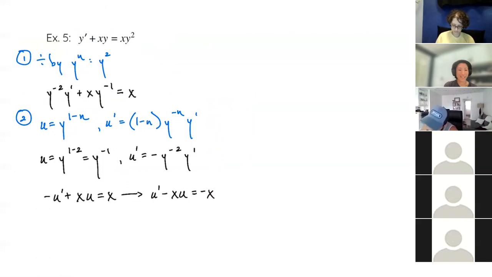And then after this, we find our multiplying factor, we multiply through, we integrate, and so we go back to what we learned last week for our exact differential equation, or our linear differential equation.